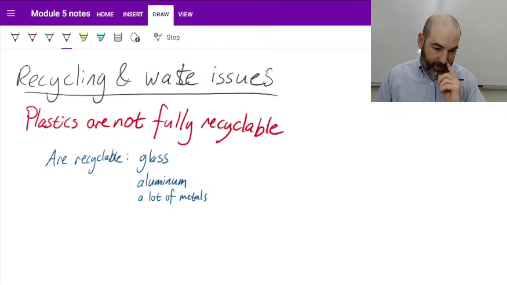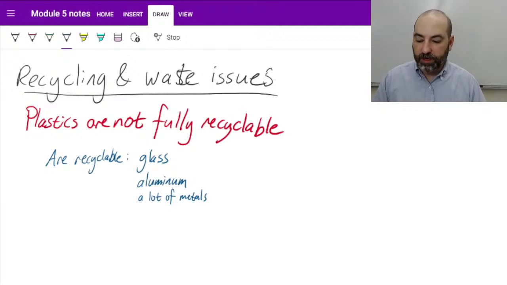So I think that we have to be a little bit careful with this issue. You know, how do we balance these two things? On the one hand, plastics are incredibly useful and allow us to do things that we would not be able to do without them because they're so light and strong. Even in high-tech applications, things like carbon fiber is really mostly plastic, even though it has carbon in it as well.